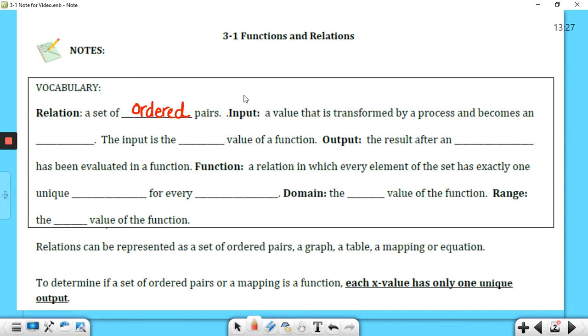Another important vocabulary word is the word input. It is a value that is transformed by a process and becomes an output. So let's say we have the equation x plus 3. If we put in 2, so let's say our input is 2, then our output will be 5.